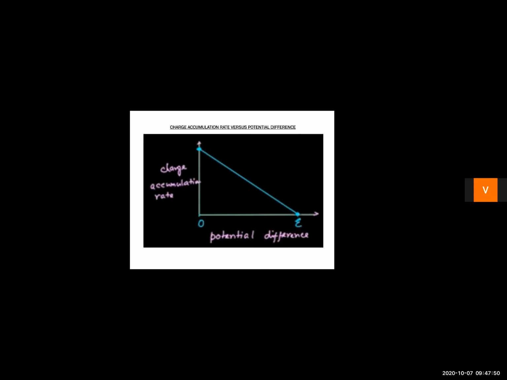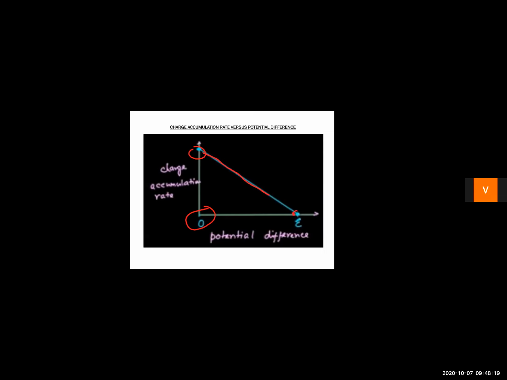We got positive charge on the PbO2 plate and negative charge on the lead plate, right? Initially, when we had just inserted the plates in the H2SO4, the charge accumulation rate was maximum, and slowly it goes on decreasing.